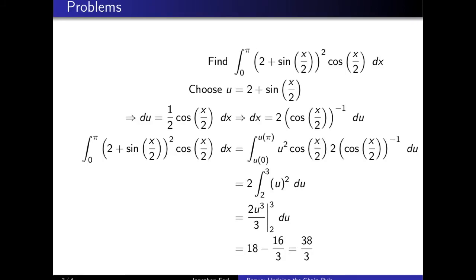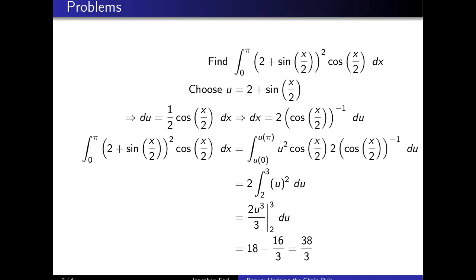Okay, so the first thing that we're going to want to do is make our substitution as regular. So we're going to take u to be 2 plus sine of x over 2, and that way a constant multiple of the derivative, in this case 1/2 cosine x over 2, is going to be sitting in our numerator, because we have a cosine of x over 2 in the numerator as well.